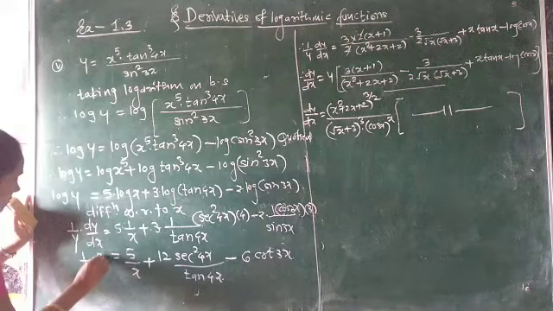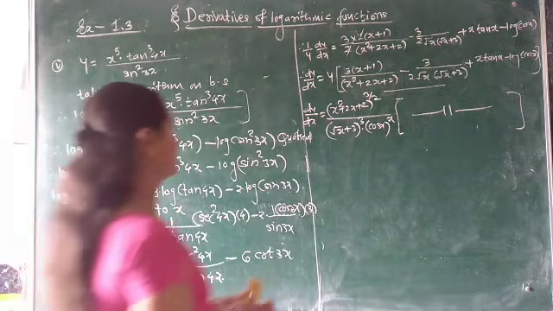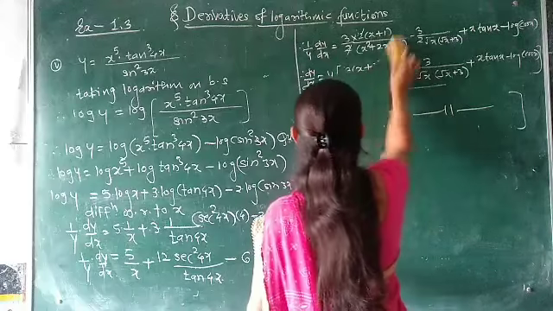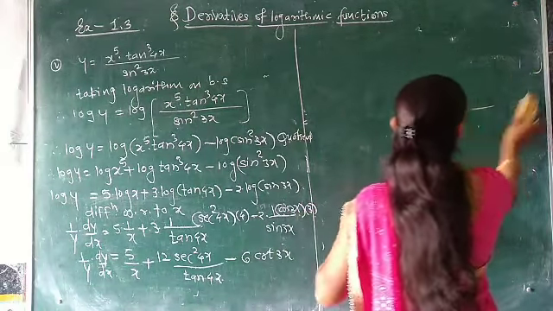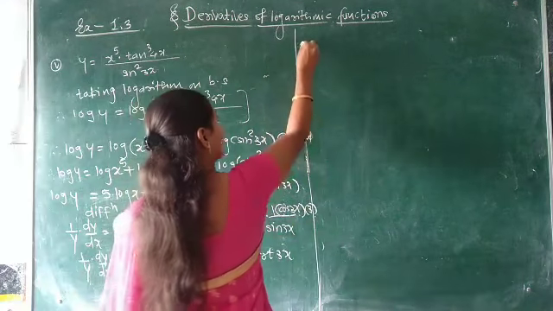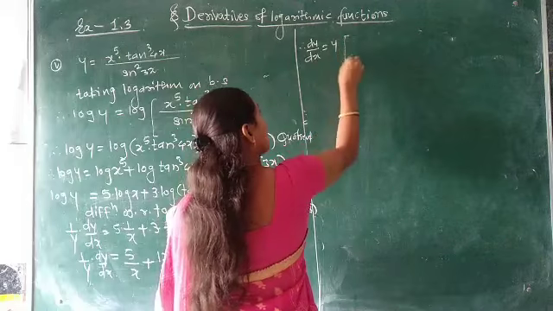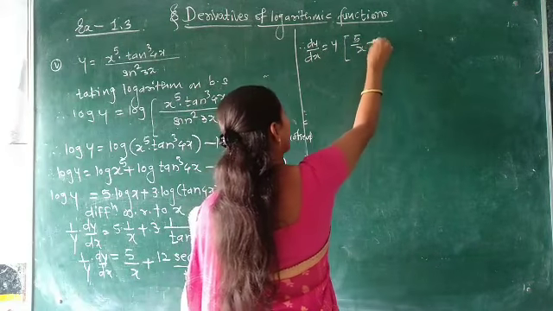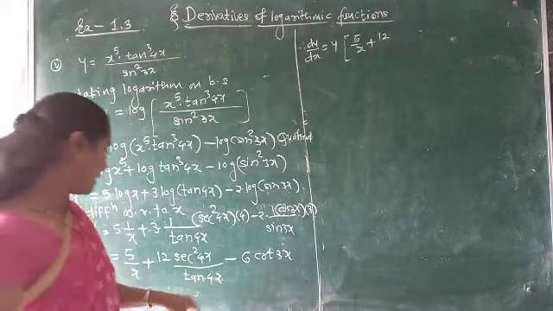Now we simplify this sec square and tan 4x. Sec square means 1 upon cos square 4x and tan means sin upon cos. Therefore, dy upon dx is equal to y into 5 upon x plus this 12, write as it is.